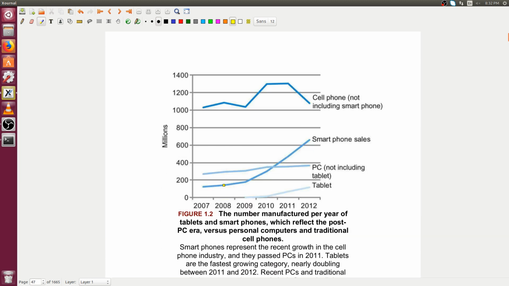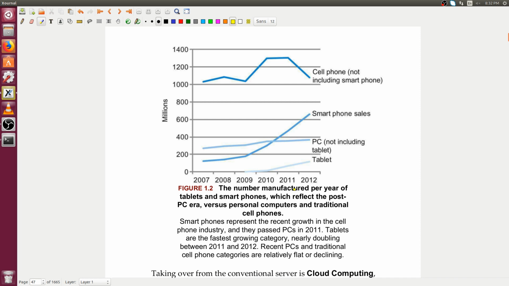Okay, so here we have a pretty interesting graph. This goes up to 2012. We see that, despite what some people think, a lot of money is still being shoved into phones that are not smartphones, which are just about at $1 billion now, decreasing, but still just about at $1 billion.